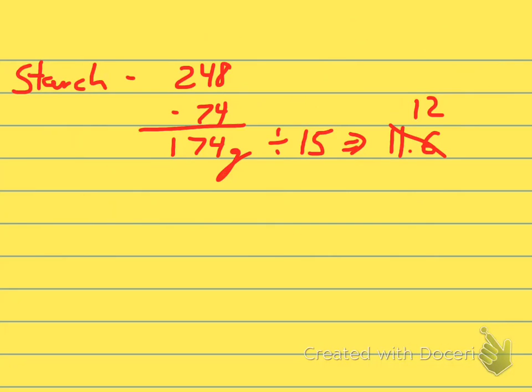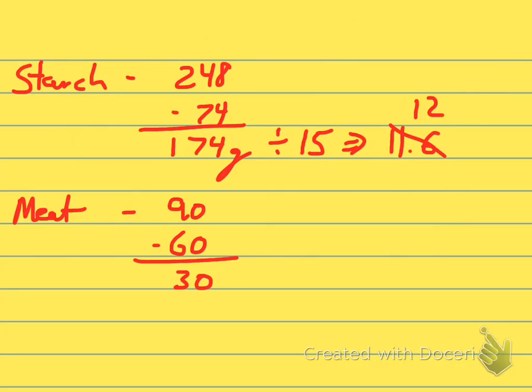So if I take meats, our target was 90. Okay, we accounted for 60. That's going to leave me with 30 grams to work with.